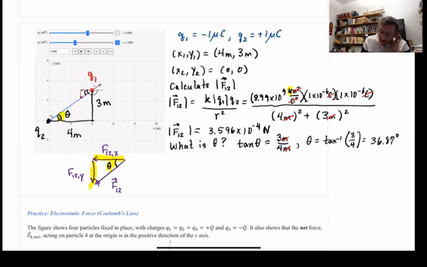Okay, now that I know theta, go back to the force component triangle, and let's calculate the components. Let's calculate first the F12 x component. Okay, the component shaded in yellow there, F12x. Now you have to remember all we learned last semester about finding components of vectors, because those rules have not changed.